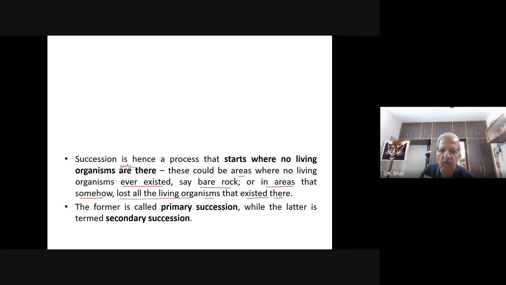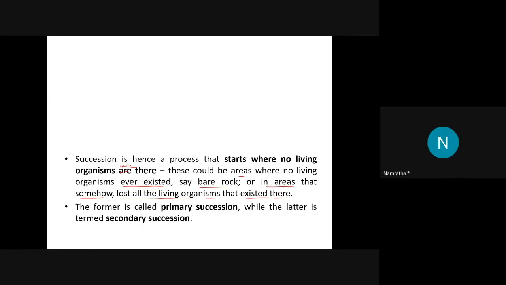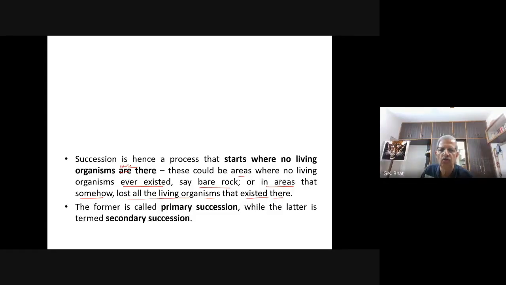Are you understanding my point? Namrata? Yes, clear, sir. So the former is called primary succession, while the latter is called secondary succession.